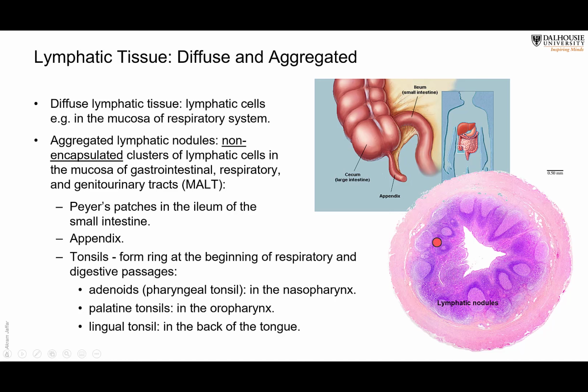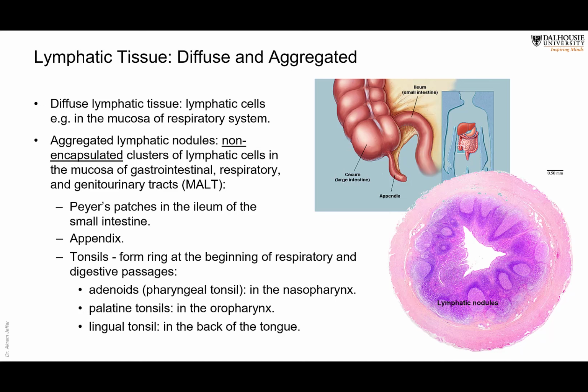So you can see multiple lymphatic nodules around a lumen. Actually, this is a section in the vermiform appendix. And this is the function of the appendix. It is one of the places where the immune reaction can take place because its wall contains a lot of aggregates of lymphoid tissue in the submucosa and in the mucosa.